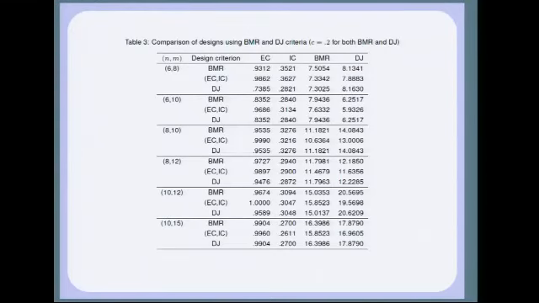Here we have the number of runs and the number of main effects, which is the characteristic of a supersaturated design, where the number of main effects is larger than the number of runs.